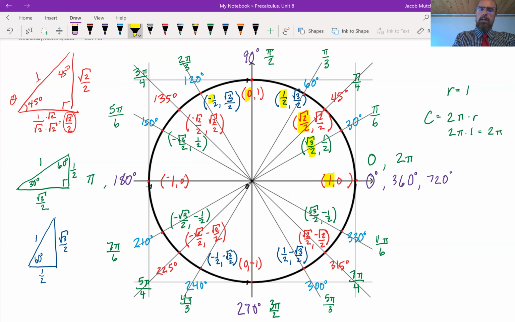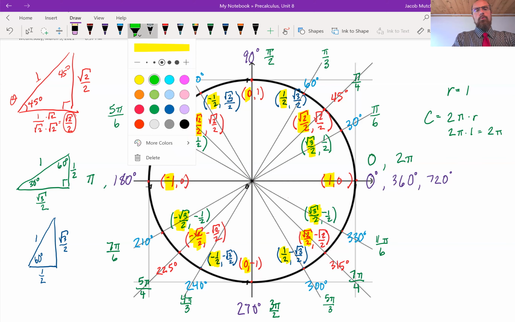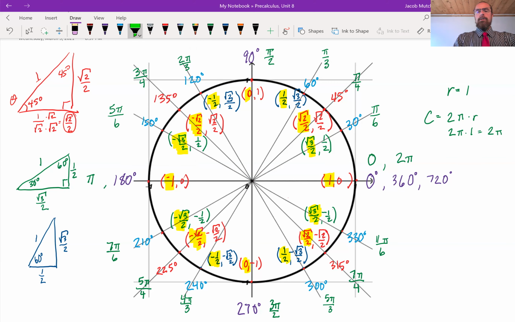So I'm going to go through and highlight them, because ultimately that's the use of the unit circle, is to use this to help graph, well, from the x coordinates, cosine. And as we reach the full rotation, then we can switch and say, well, if the x coordinates are values of cosine, the y coordinates are going to be values of sine.